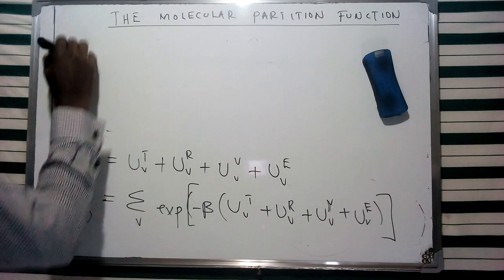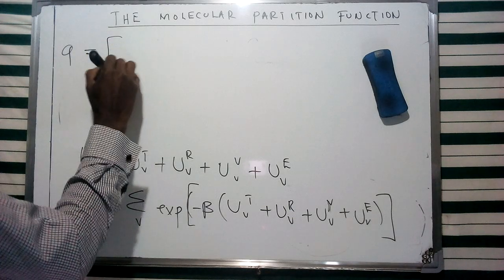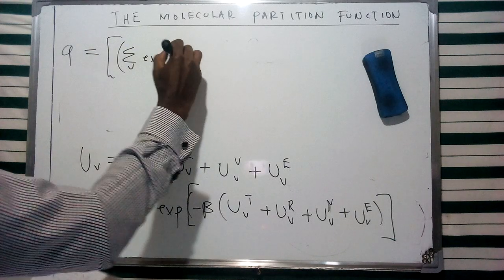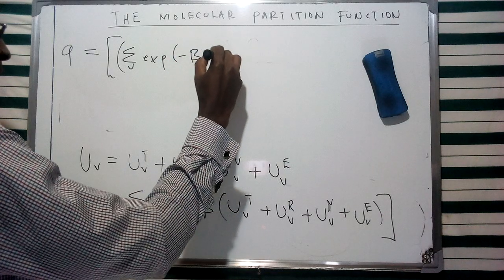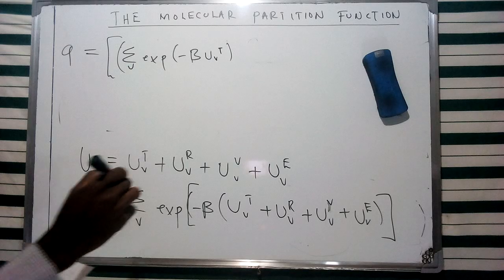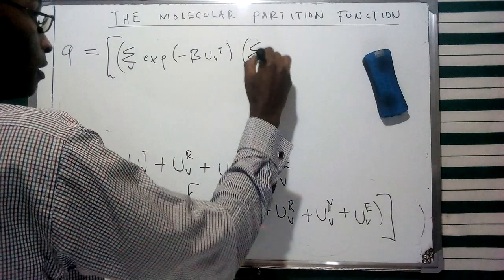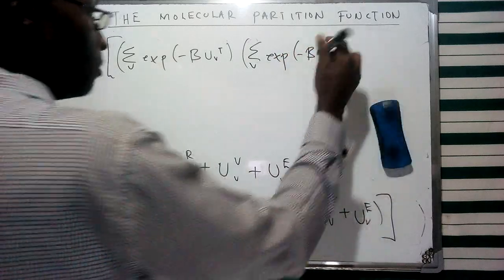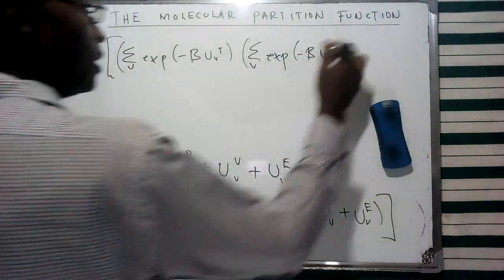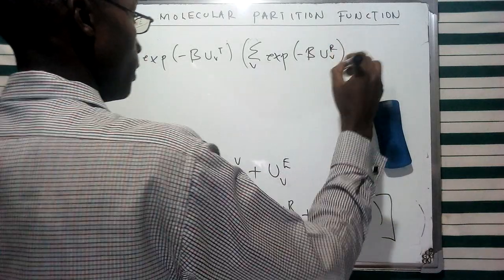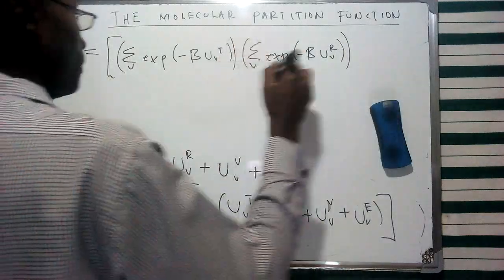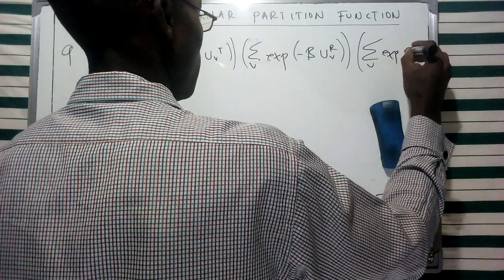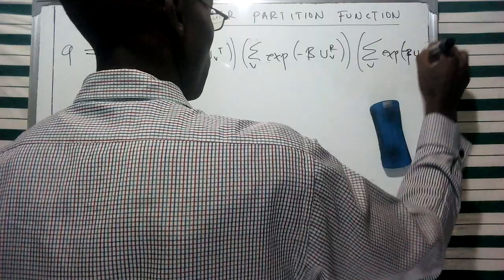So we're going to have the molecular partition function given in terms of the summation over the exponent of negative beta and this translation energy, and then the summation of the exponent of the energy due to vibration, and then rotation, times the summation of that specific state of energy.